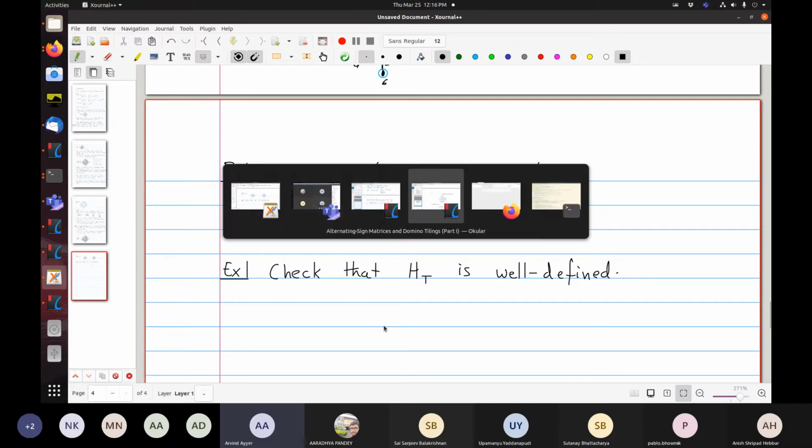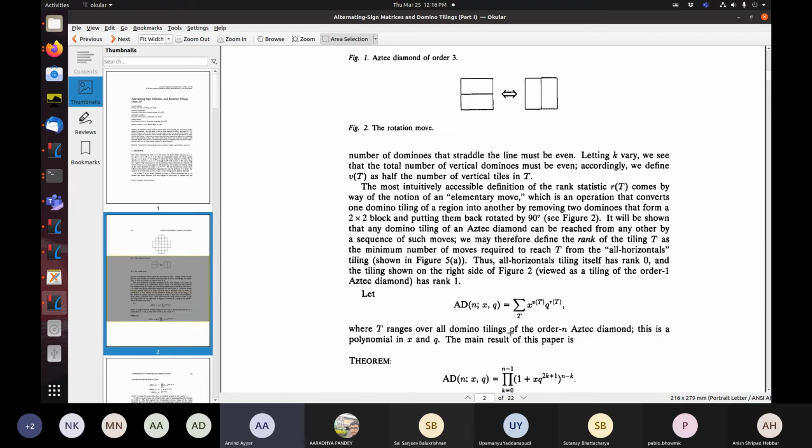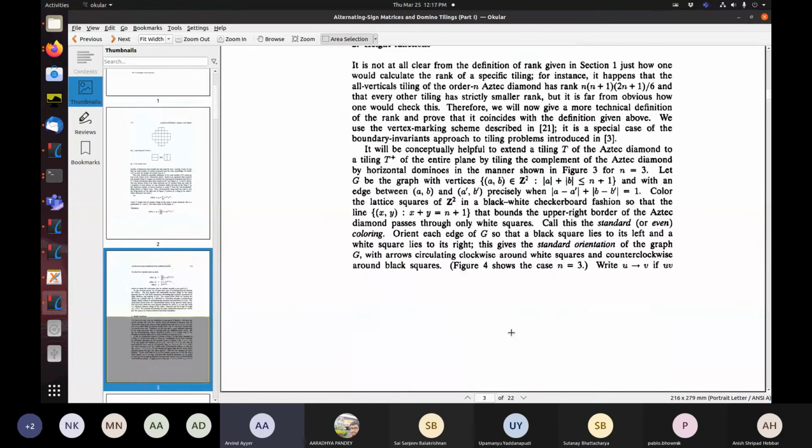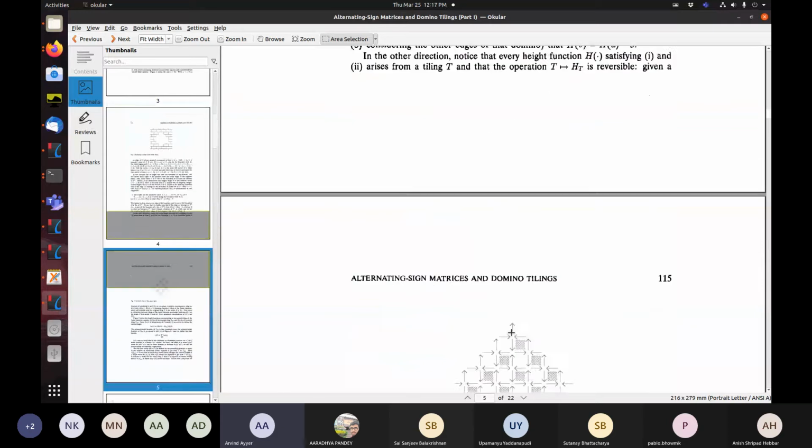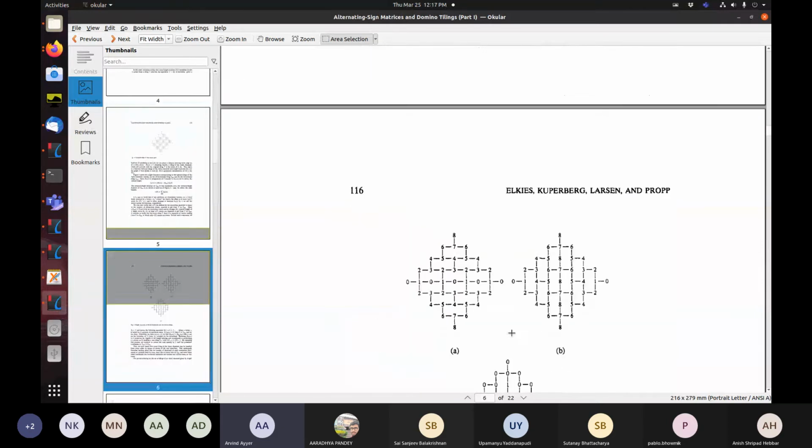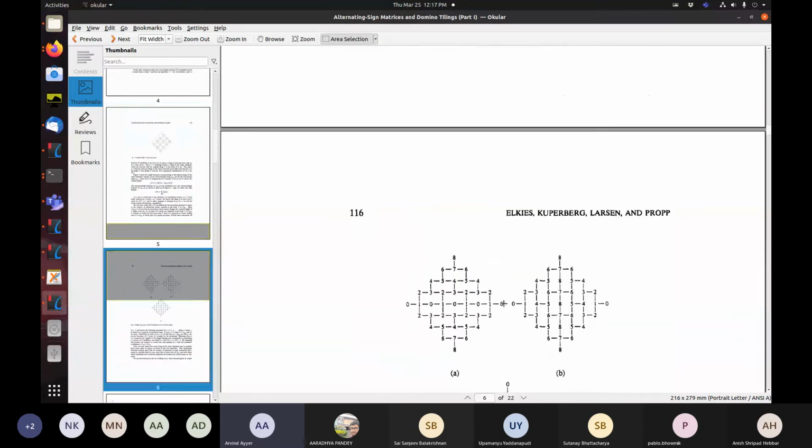So let me show you from their paper. Look at these two. This is size 3. So this is the all horizontal tiling. You can sort of see it implicitly, and all vertices are given the height functions.